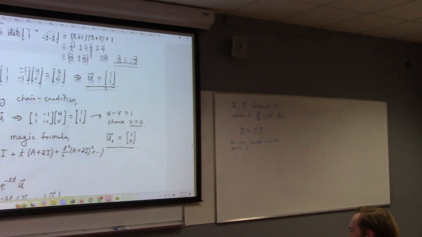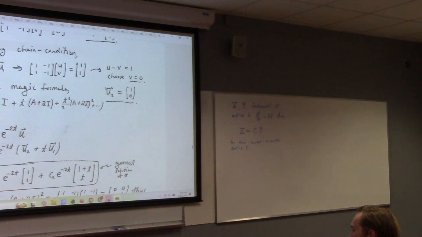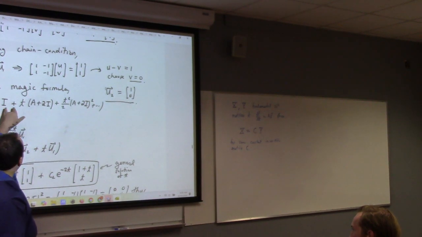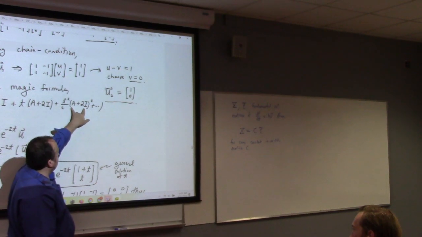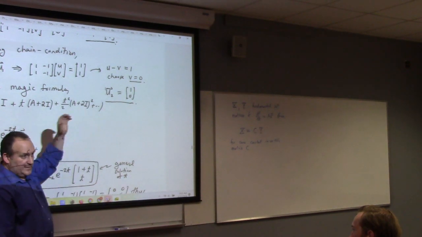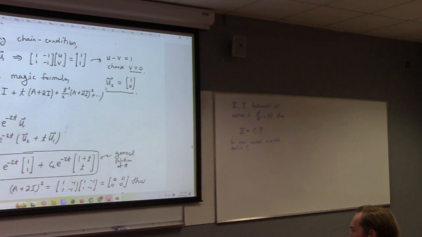Then from the magic formula, I can derive the eigensolution and also the generalized eigensolution, because when I hit u2 on this, it gives me a u1, and on this it gives me a u2, and u2 on this is just 0, as is the rest of it. So that's the solution in this case. That's what you have to work through.